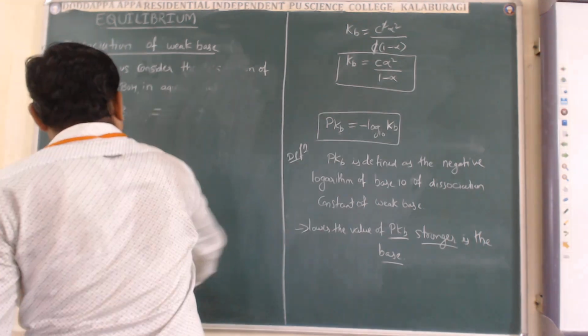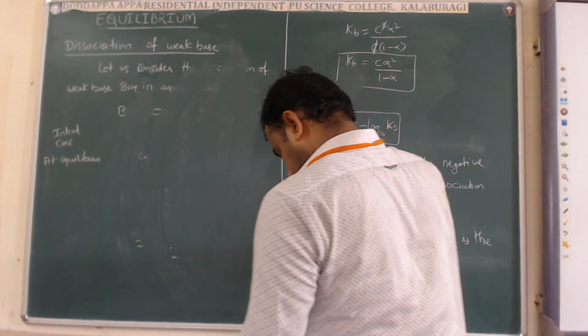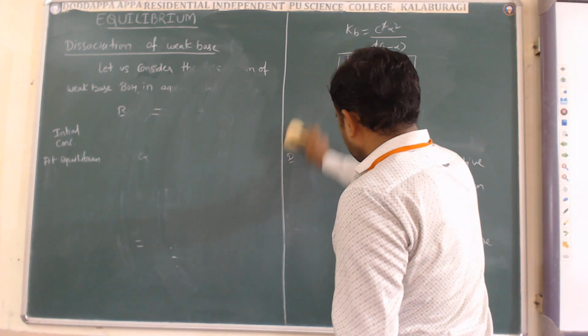Next, we have to move towards proving that pKa plus pKb is equal to 14.